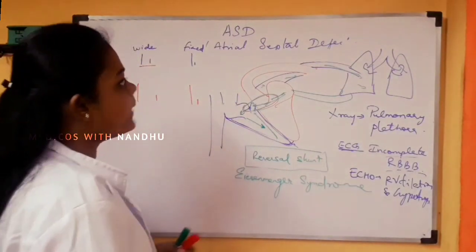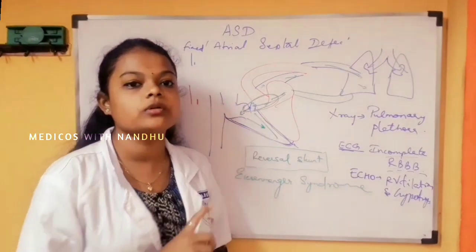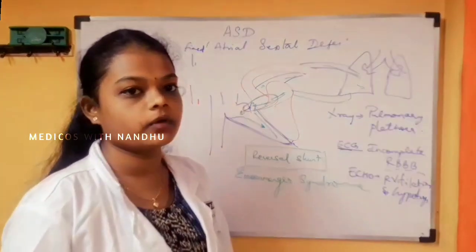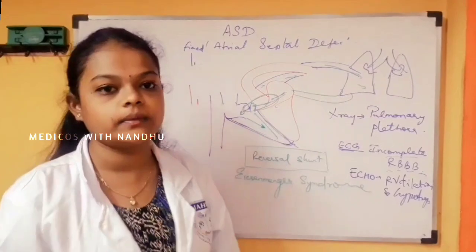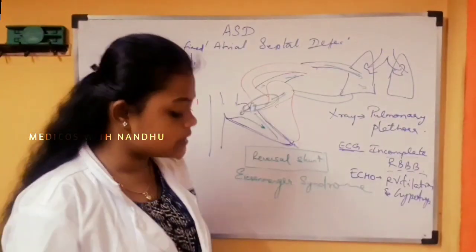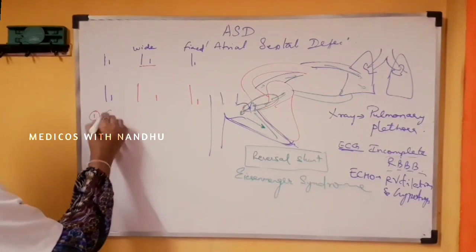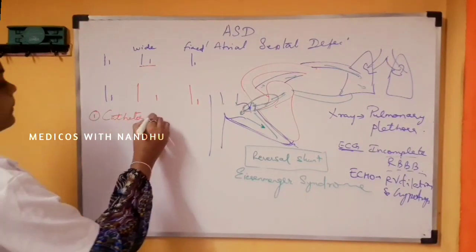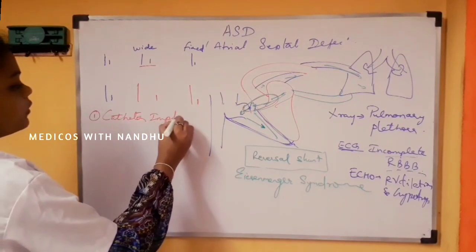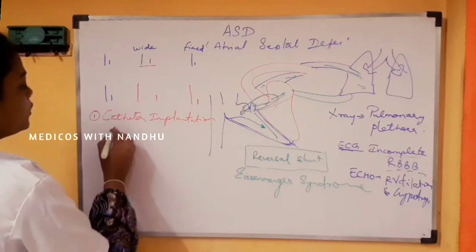Okay, so next is management. Medical management is not suitable for this defect because medical management can't do anything; only surgical management can be done. The first surgical management is catheter implantation of a closure device.